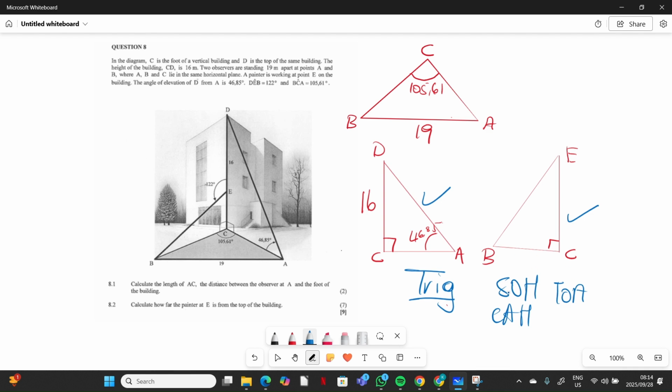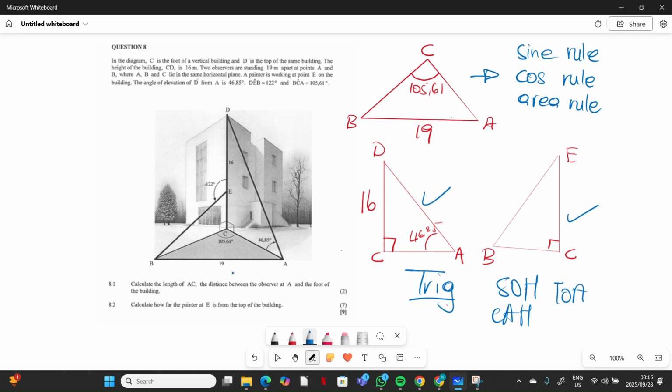I'm sure everybody knows sine is opposite over hypotenuse, cos is adjacent over hypotenuse, then tan being the opposite over adjacent. That's what you're gonna do when you have right angle triangles. But when it comes to the one without a right angle, you're gonna use the sine rule, the cos rule, and the area rule.